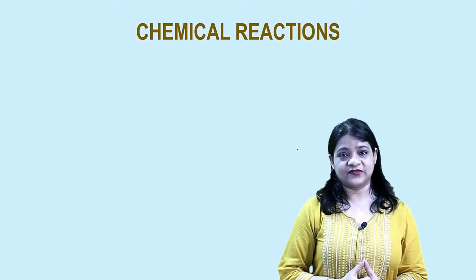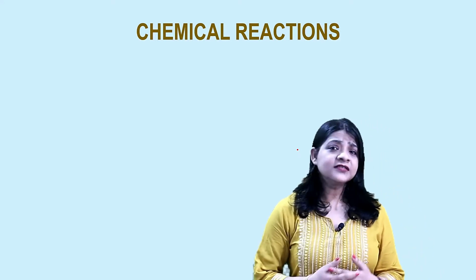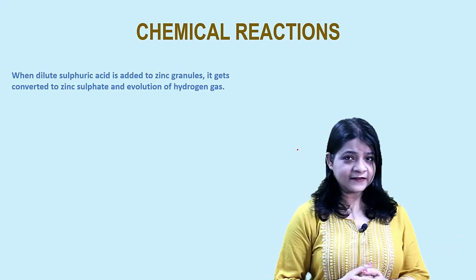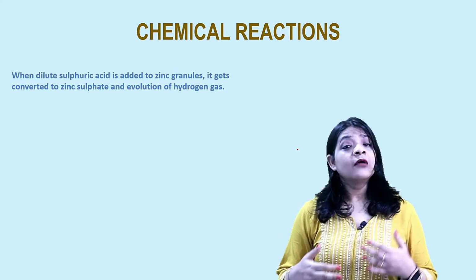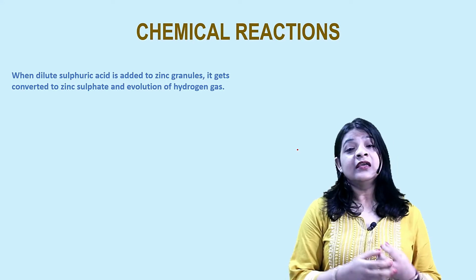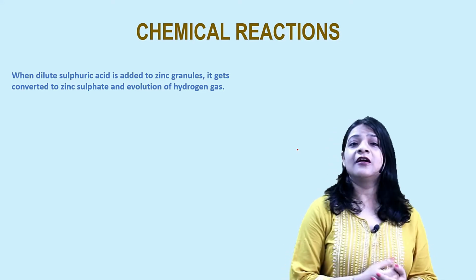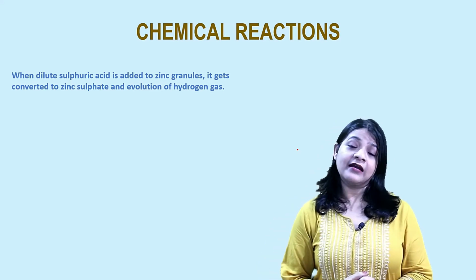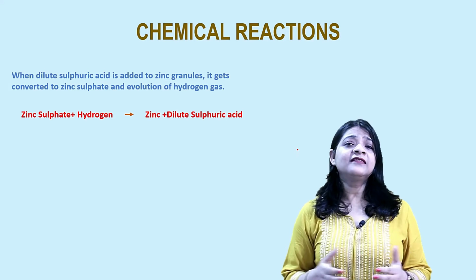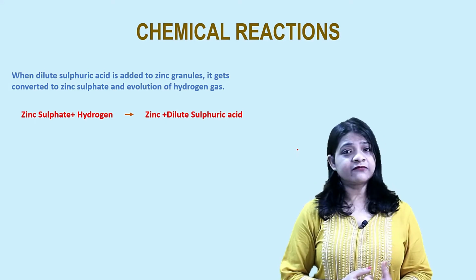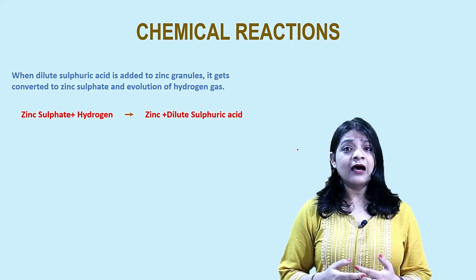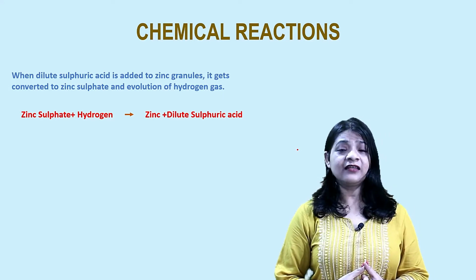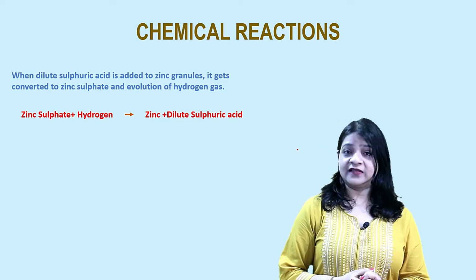Now, instead of saying the entire experimental setup which we have discussed just now, as when zinc granules react with dilute sulfuric acid, it gets converted into zinc sulfate and hydrogen, if we replace this sentence with this form, then I think it is easier to understand, simple as well as concise.